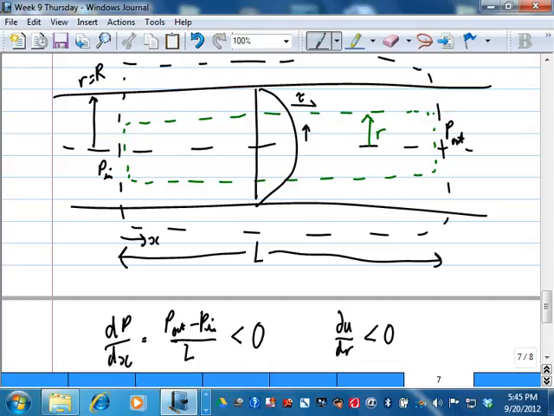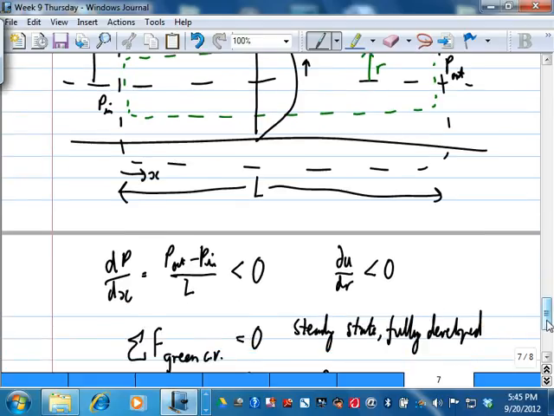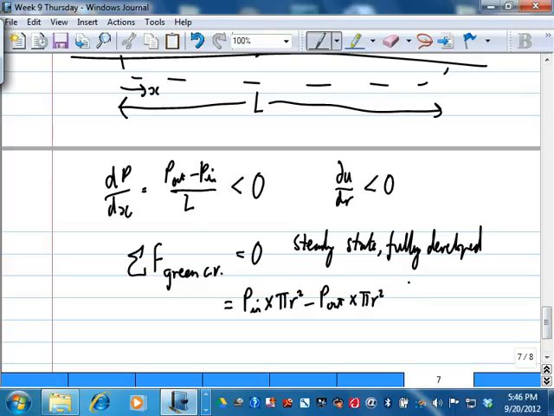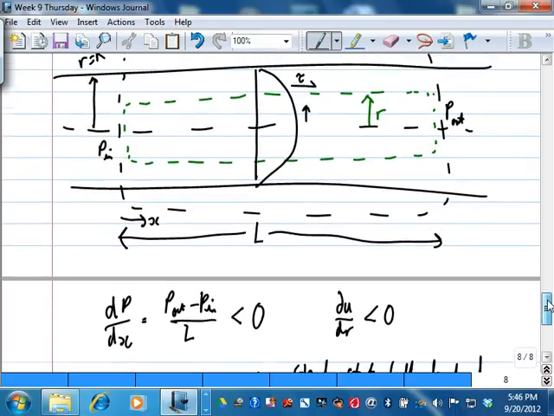There is shear stress on the green thing, which is like a sausage, smaller than the pipe. The pipe has radius R, and the green thing has radius small r, which varies from 0 to big R. It depends whether you put plus or minus, so I put plus if you're doing it this way. That's the positive direction.